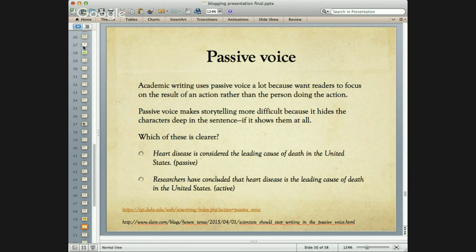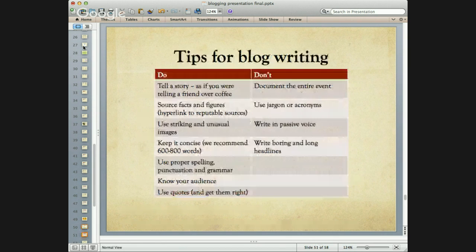Here's an example of the difference in being able to comprehend this sentence by just adding "researchers have done," rather than just saying what the cause of death is. Be mindful of using passive voice, and where you can, try to refrain from doing it. It is often harder to read.